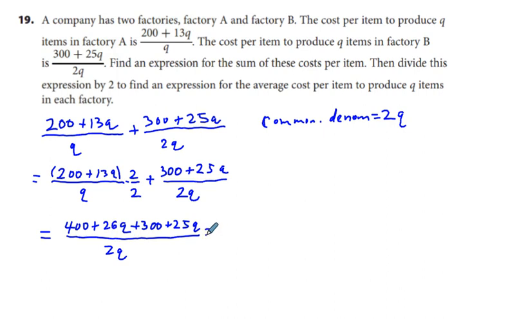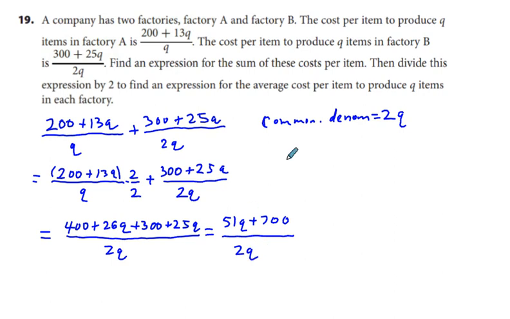I'm going to work to the right here. We're going to have 26Q plus 25Q, that's going to be 51Q. And then 300 plus 400 is going to be 700. So we have (51Q + 700) over 2Q.